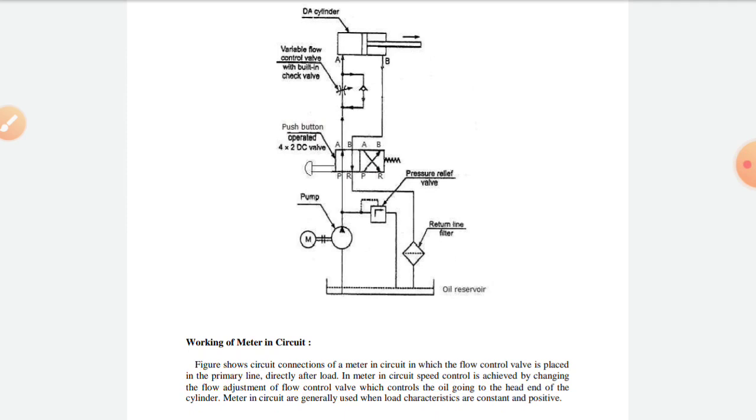In the metering circuit, speed control is achieved by changing the flow adjustment of the flow control valve, which controls the oil going to the head end of the cylinder. Metering circuit is generally used when load characteristics are constant and positive.